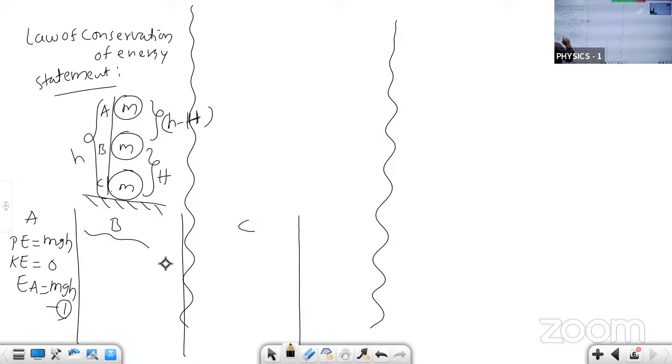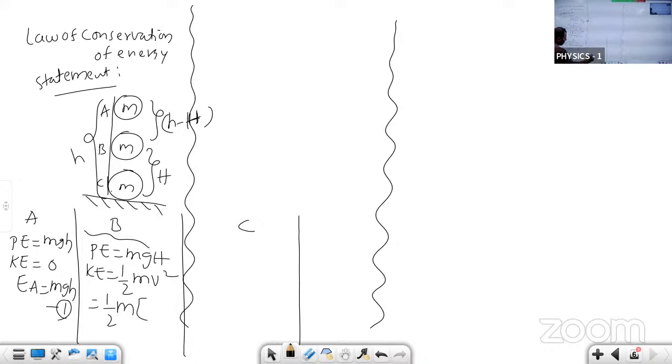Point B. What is the height? Capital H. That's why potential energy is written as mgH. Kinetic energy is half mv square, meaning we get 2g into (h minus H). The 2 cancels, giving mgh minus mgH.